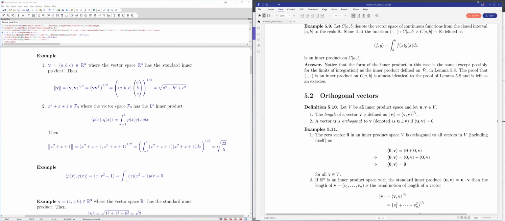So I have an inner product space, and I want some definitions here. The first one is I want to define what the length of a vector is with respect to the inner product that's defined on it.